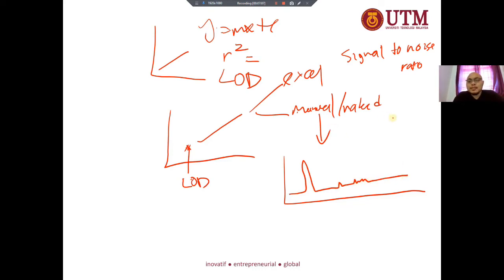For manual determination of LOD, we need to inject the lowest possible amount of analyte until the height ratio between the analyte peak and the noise is about 3 to 1. Once you achieve 3 to 1, you can say that you have reached the limit of detection of your analyte. But I believe this kind of LOD is very hard to do, so it is much preferable to just use Excel calculation.